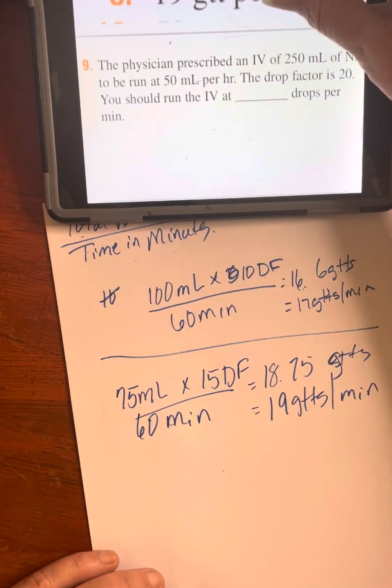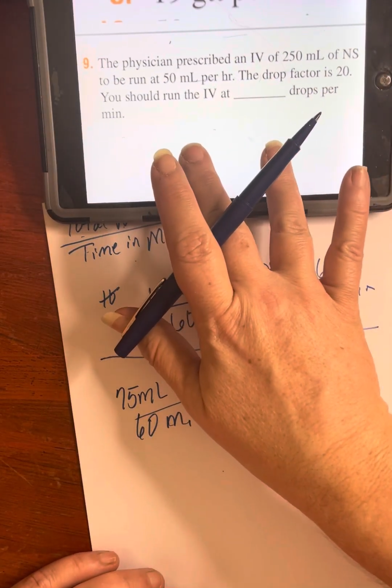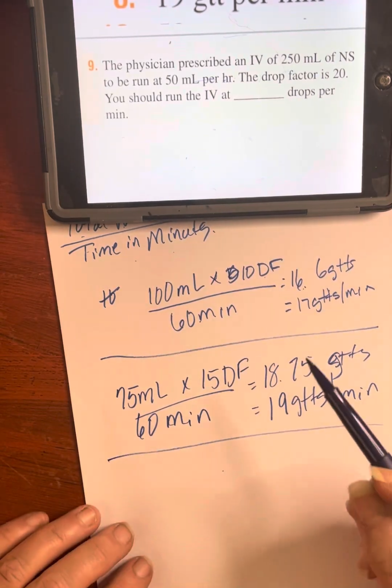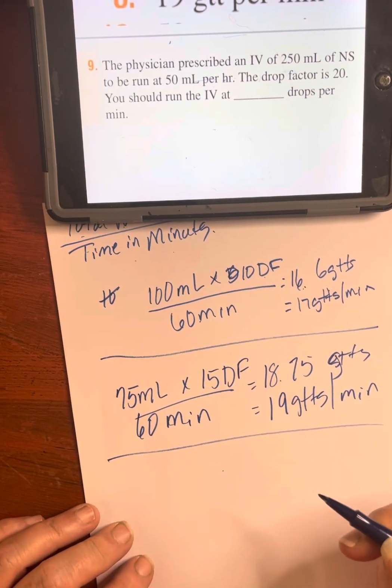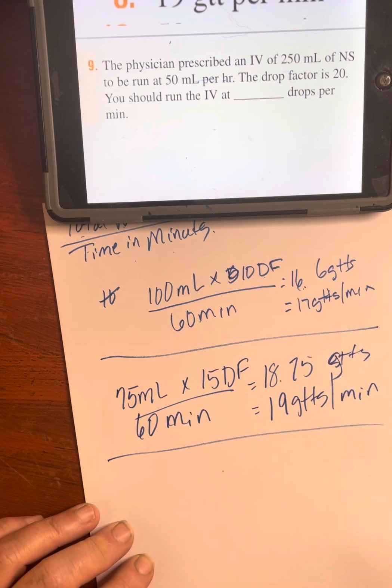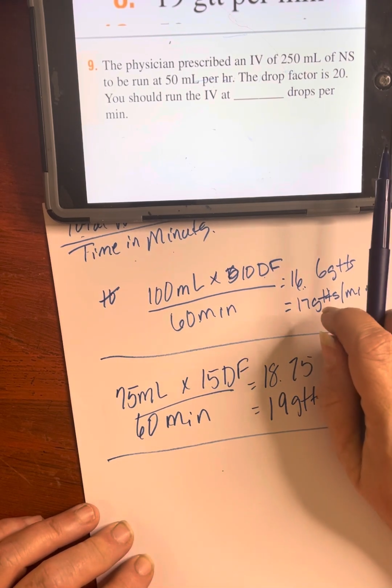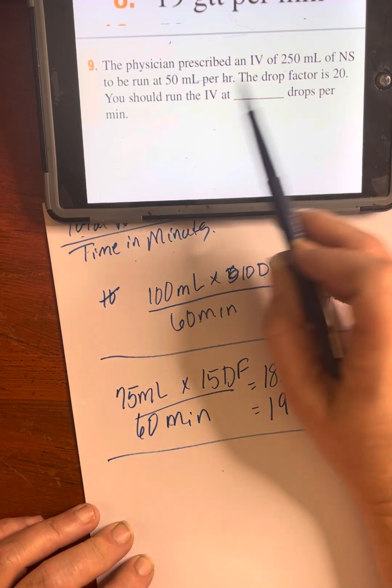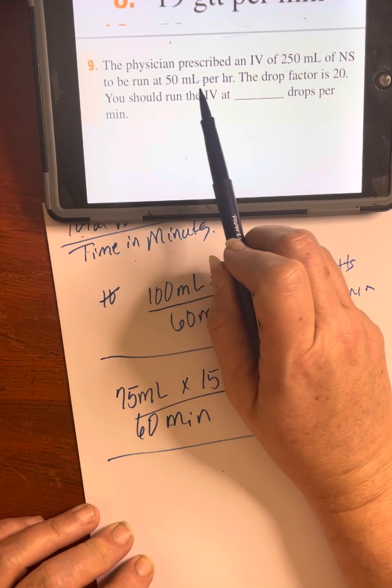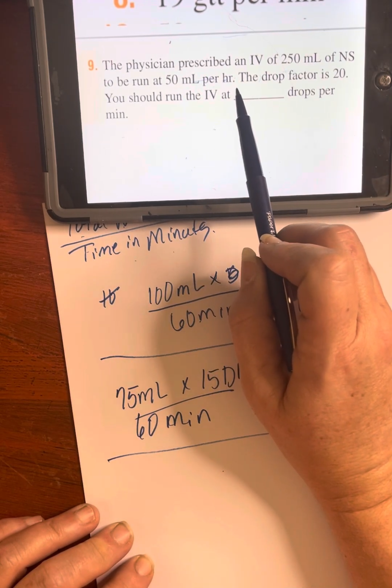Okay, let's do another one. The physician prescribed an IV of 250 milliliters of normal saline to be run in at 50 milliliters per hour. The drop factor's 20. How much are you gonna run it at? Again, we're gonna use 50 milliliters per hour.